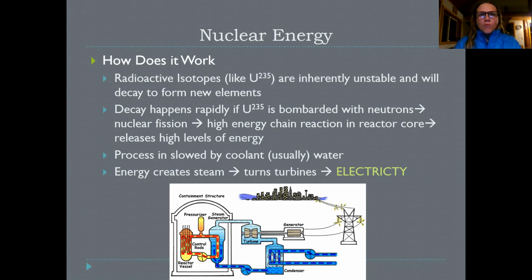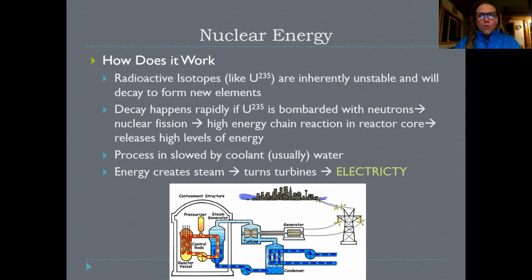However, if we bombard certain radioactive isotopes like uranium-235 with neutrons, right, these materials that don't have a charge and have a little bit of weight that can be found in the interior of an atom, we can create what's called nuclear fission, where we can break up some of the material in the nucleus of the atom. And we can set off a high energy chain reaction.